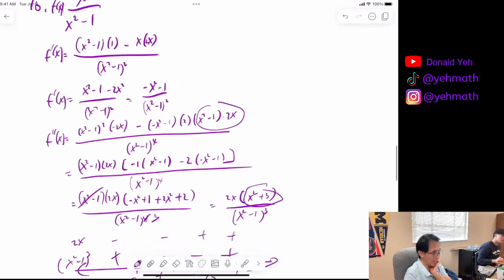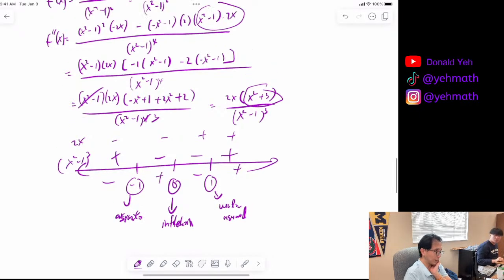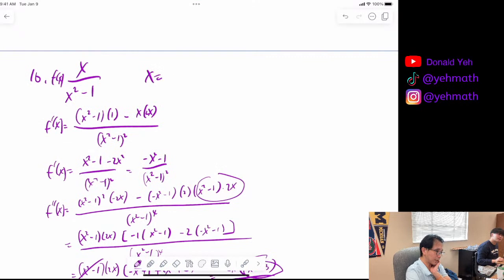Now 0 could be an inflection point. These are vertical asymptotes. We know that because if you look at the original function, x cannot equal plus or minus 1.